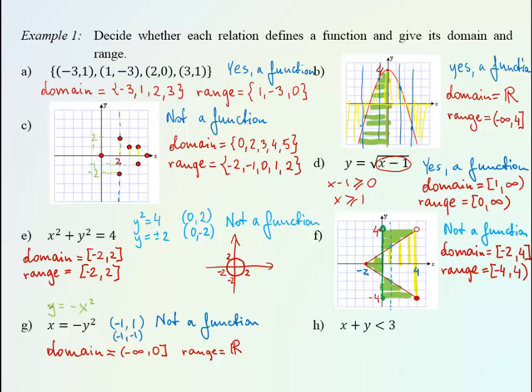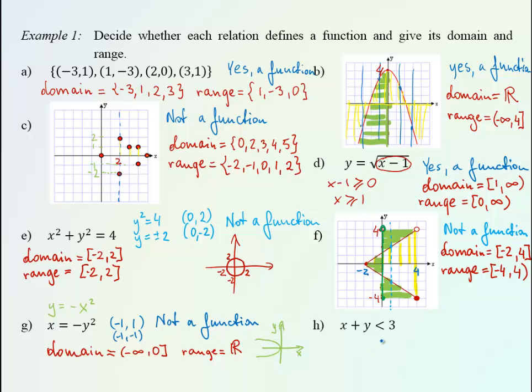That means we change the x and y axis. If we do that, then the graph of such a parabola, if this is your x and this is y, will be sideways going down like that. So yes, you can see that this is not a function. Domain is all real negative numbers plus 0, and range all real numbers.